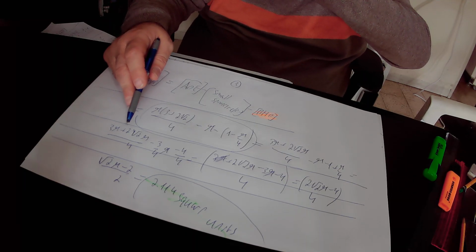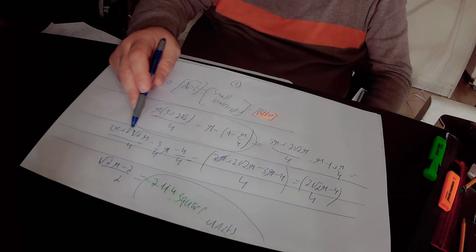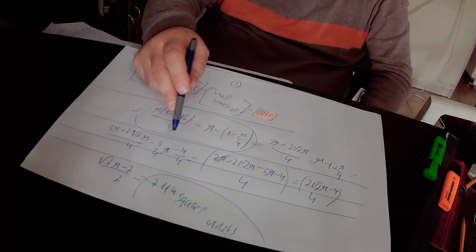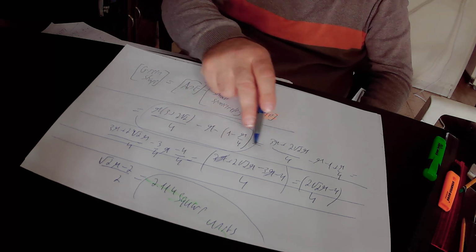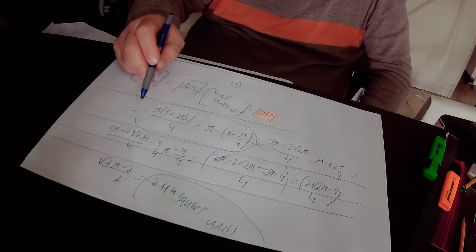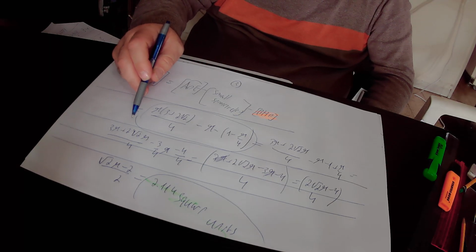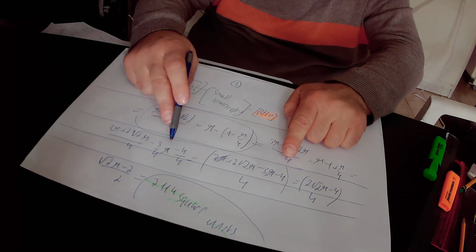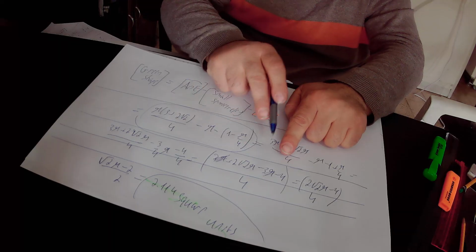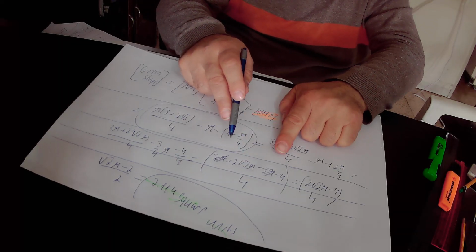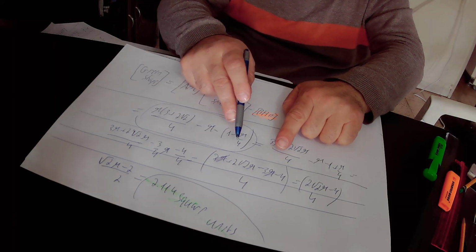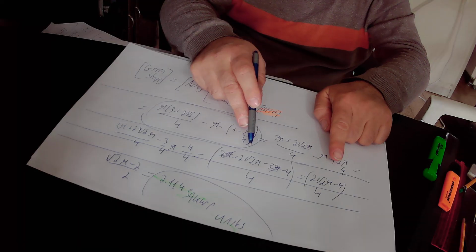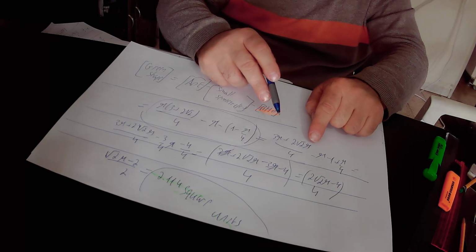So all three expressions have 4 in the denominator, so we can write only one 4, and we have here 3 pi plus 2 times square root of 2 pi minus 3 pi minus 4, over 4. 3 pi minus 3 pi is 0, and we are left only with 2 times square root of 2 pi minus 4 over 4.